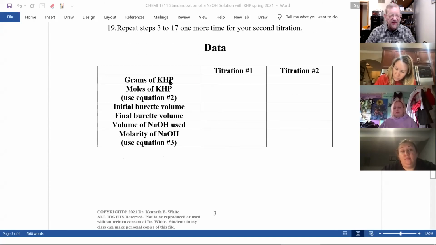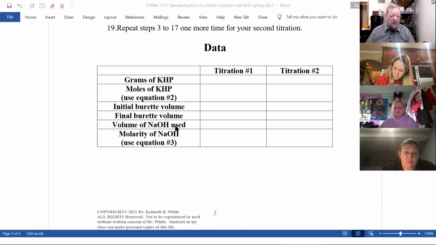When you're doing it, you'll weigh out grams of KHP, and then you can calculate the moles for each run using equation 2. You'll have your initial burette volume, which you did in the last lab that you're handing in today, and a final volume.